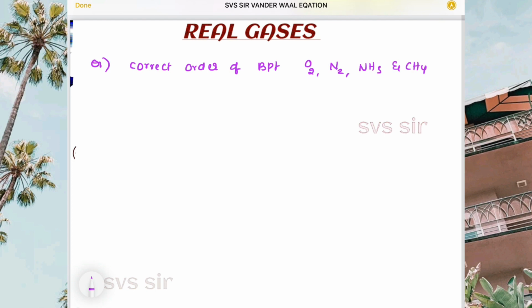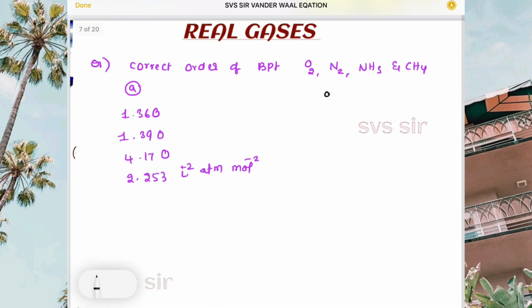For them, van der Waals constant A values are given: 1.360, 1.390, 4.170, 2.253 liter square atmosphere per mole square. So like this it is given.